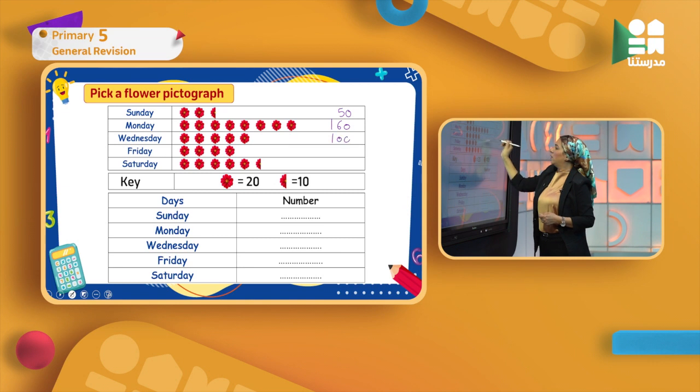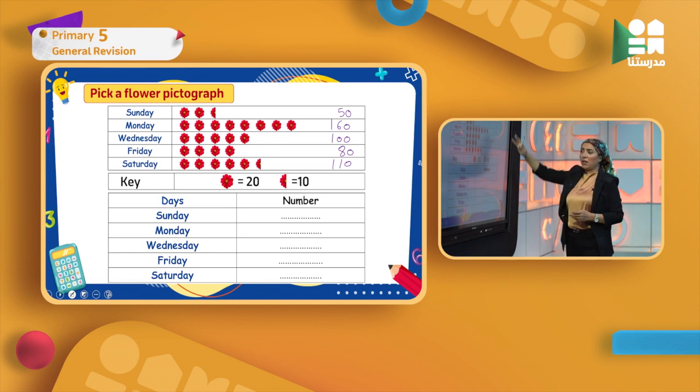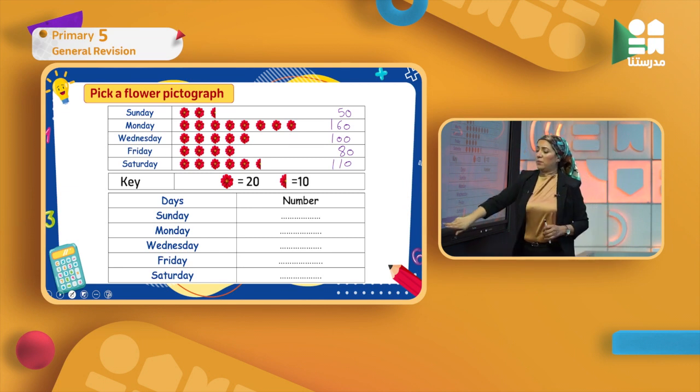Friday: 20, 40, 60 and 80. The last day, Saturday: 20, 40, 60, 80, 100, and half a flower is 10, so it's 110. Now all the days are ready, then I can just copy them in their places.